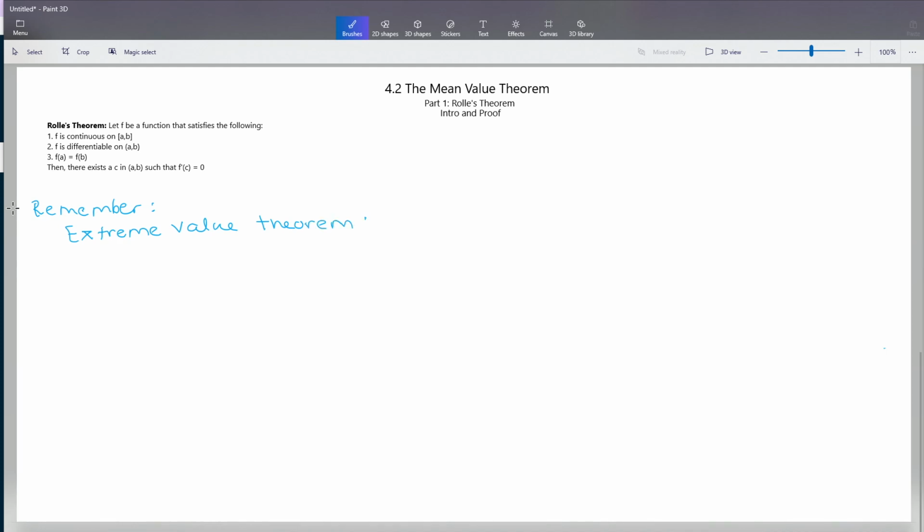If you remember, this tells us if f is continuous on the closed interval, then f attains both an absolute maximum and an absolute minimum on that interval.